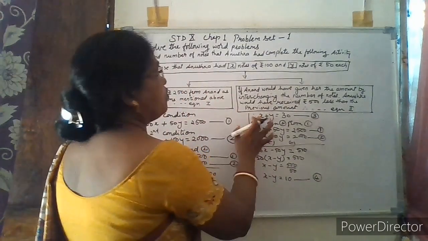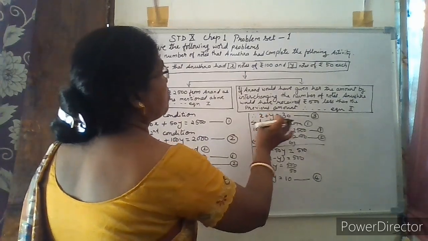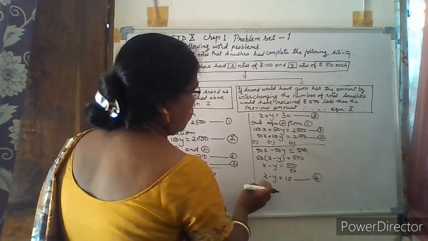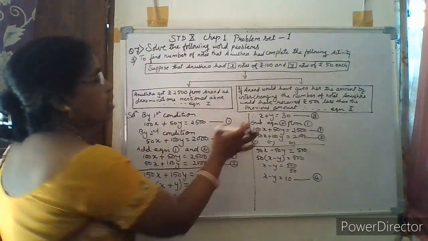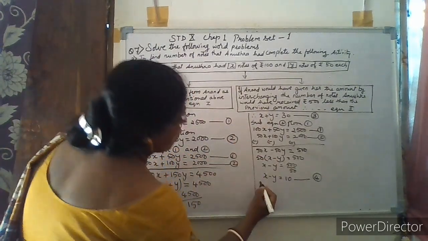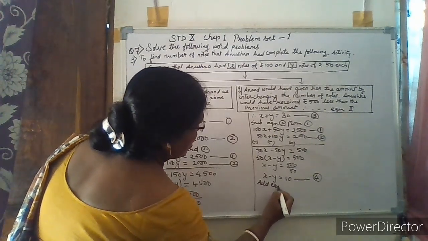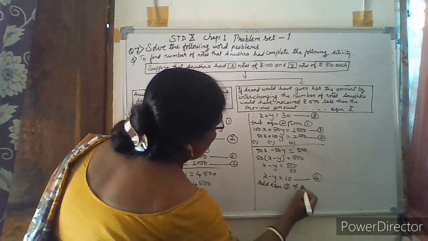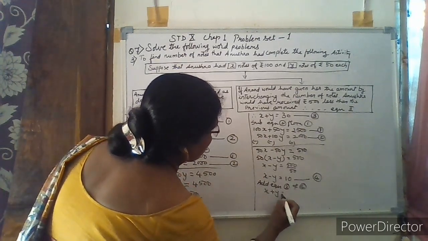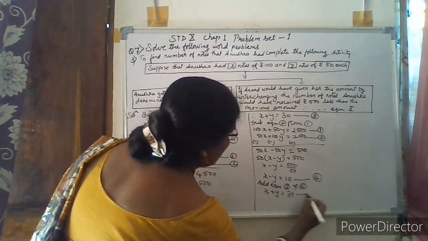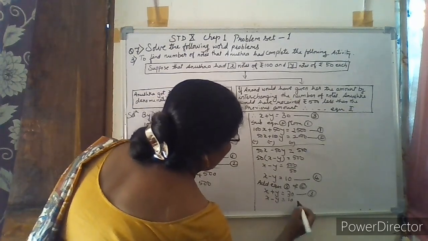Now observe equation 3 and 4. Equation 3, x plus y equal to 30. Equation 4 is x minus y equal to 10. So now here see, plus y, minus y. So we can add equation 3 and 4 directly. So we write the equation x plus y is equal to 30, equation 3, x minus y equal to 10, equation 4.